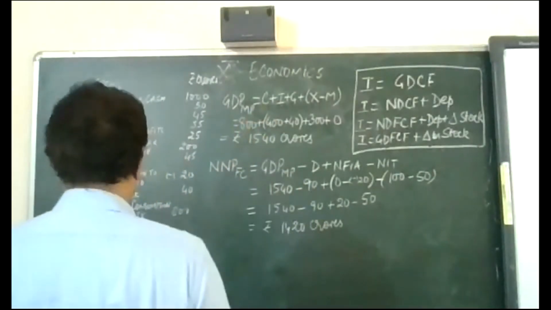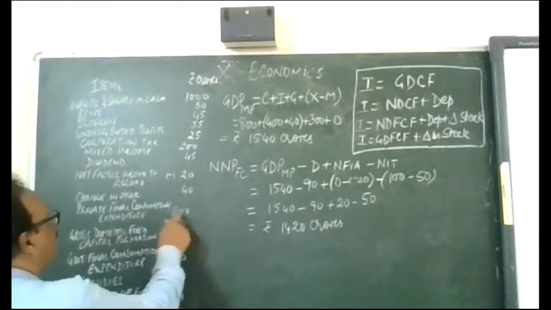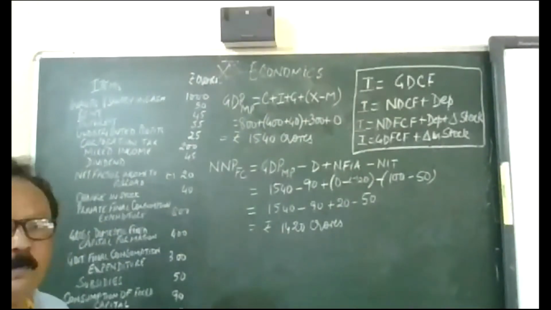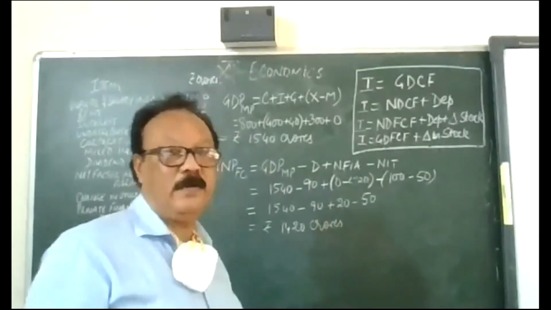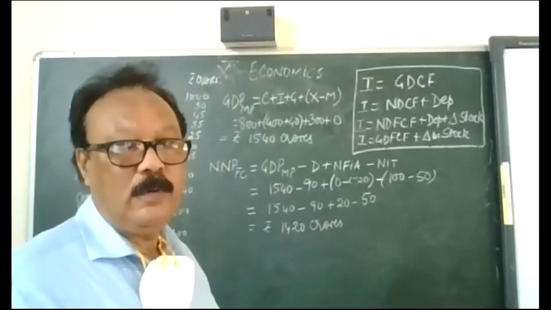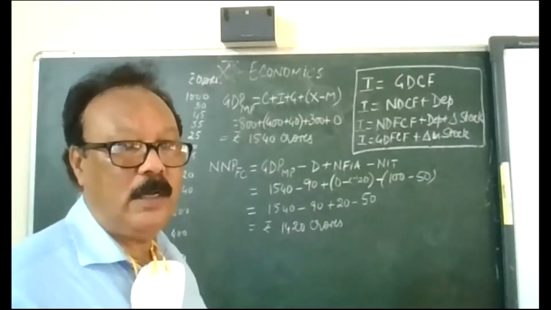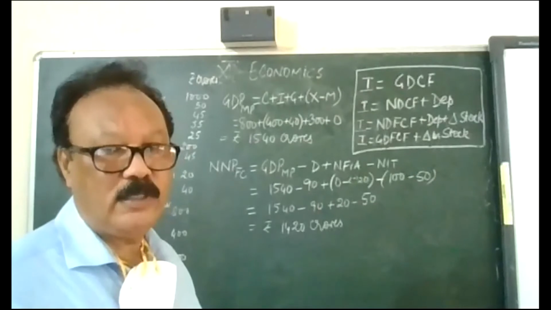C, consumption, private final consumption expenditure. I, investment. I've drawn that small table there for you for your benefit. It will help you learn it by heart so that there will be absolutely no problem while calculating investment expenditure.